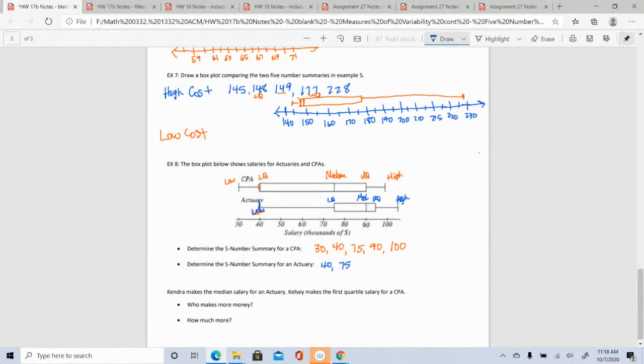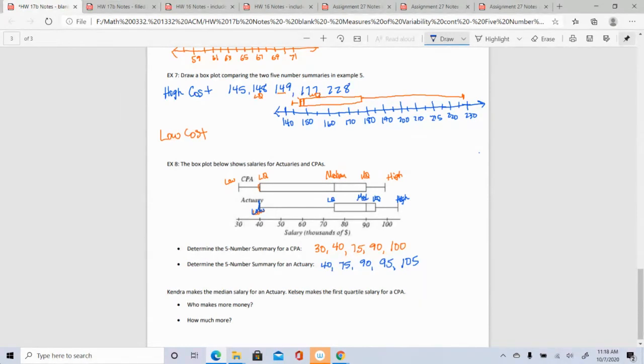Median is, remember, the line inside the box. Upper quartile, we're just estimating 95. And then the high end, well, it's over 100,000. Maybe about halfway, so 105.